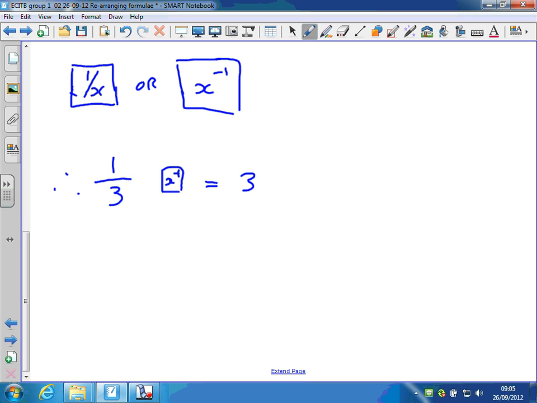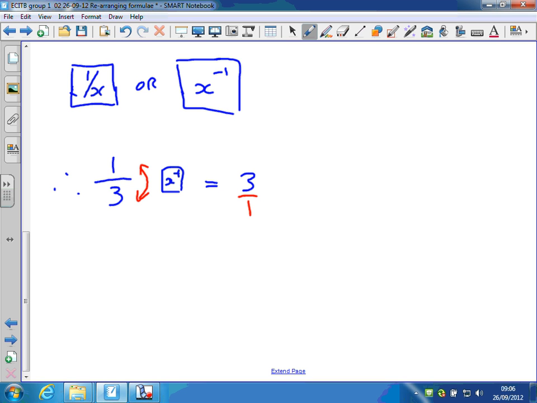The inverse of 1 over 3 is 3. Because if I flip 1 over 3 upside down, I get 3. Because 3 really means 3 whole ones, 3 over 1. So the inverse of 1 over 3 is 3 over 1, or 3 whole ones. So when I'm trying to find the inverse of something, I just hit that 1 over x button.